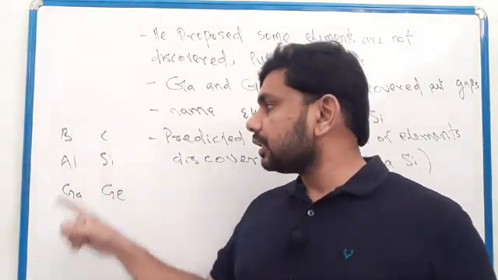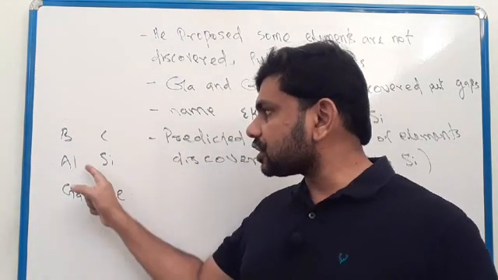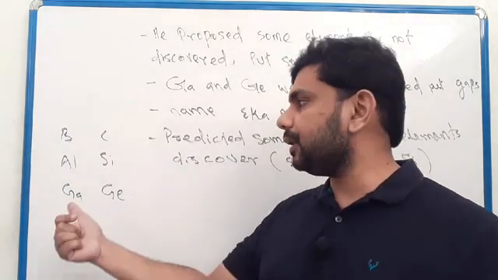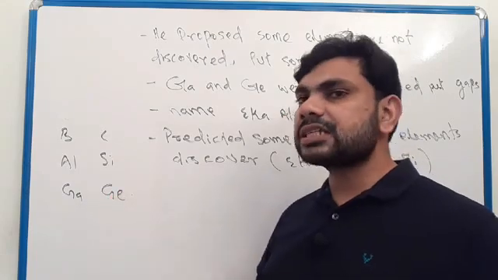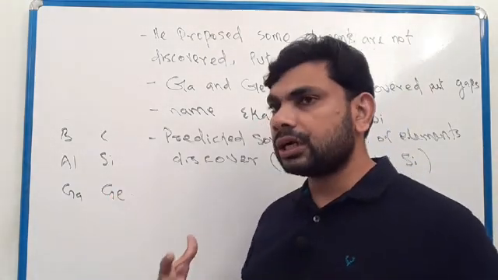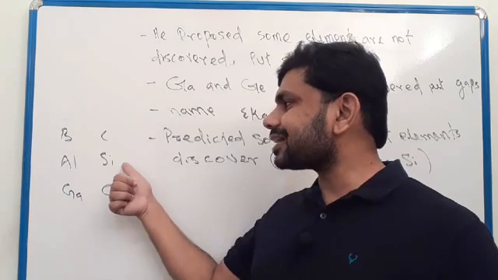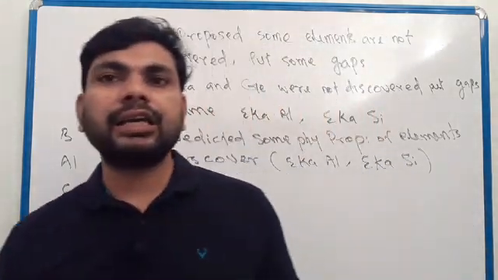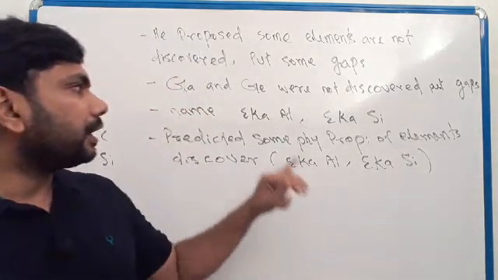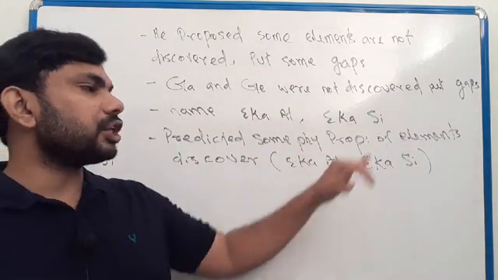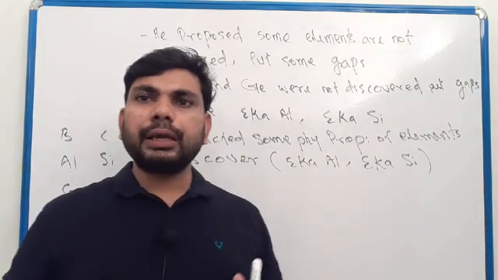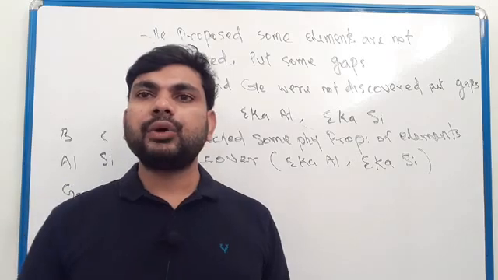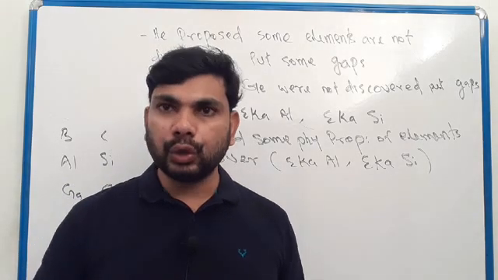He predicted there would be an element after aluminium and called it Eka-aluminium, and after silicon another element, which he called Eka-silicon. He also predicted their physical and chemical properties. These are the important points to understand in Mendeleev's periodic table and periodic law.